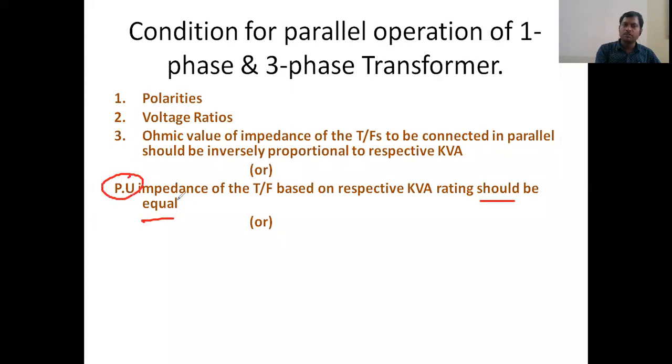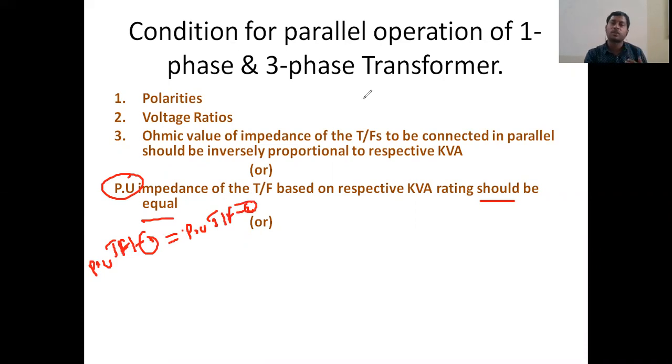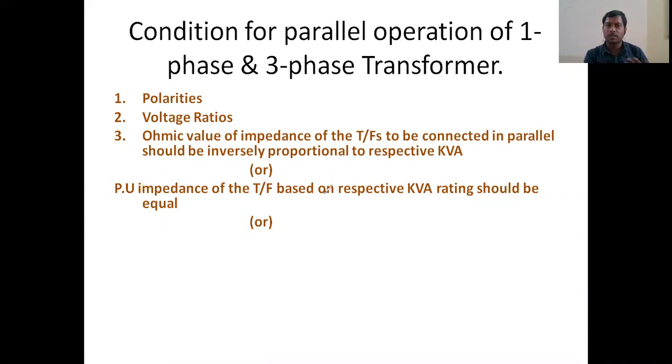The per unit impedance of transformer 1 should be equal to the per unit impedance of transformer 2. Nothing but the per unit impedance of the transformers must be equal based on respective kVA. So per unit impedance can be calculated as the actual impedance of the transformer in ohms over the rating of the transformer, primary rating or secondary rating, that is V square by the rating of the transformer in terms of kVA.